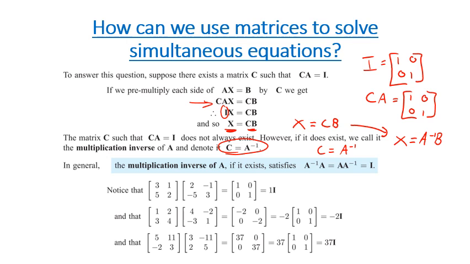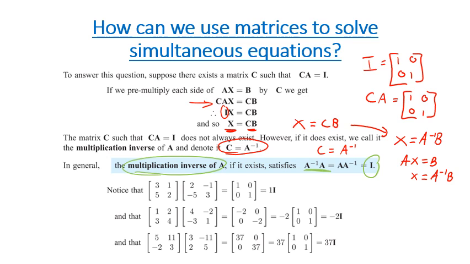So we originally started with AX equals B, so therefore X is now going to equal the inverse of A multiplied by B. Just something to consider is that if you multiply the inverse of A by A, you end up with your identity matrix.